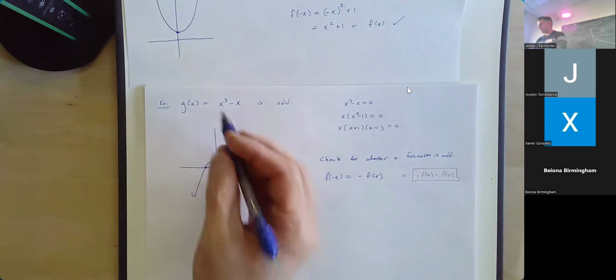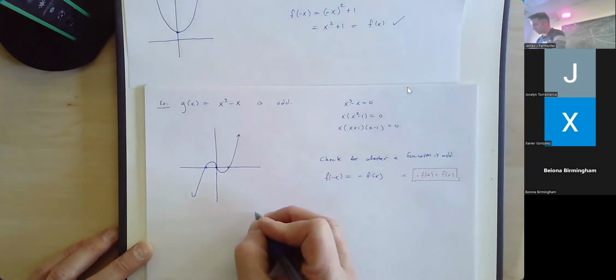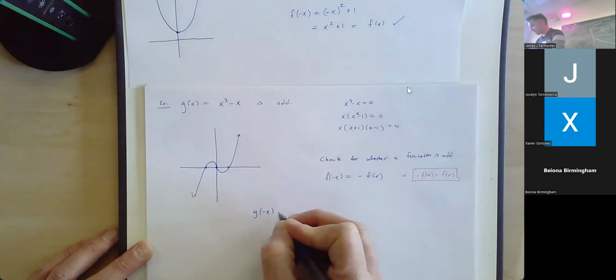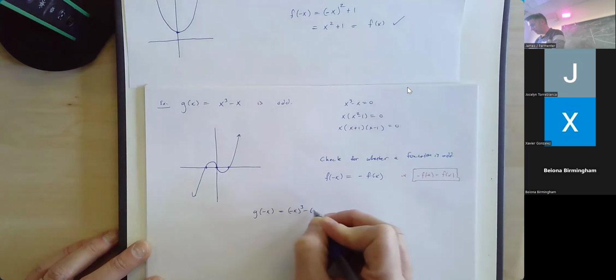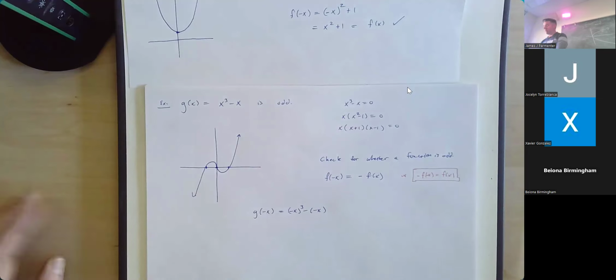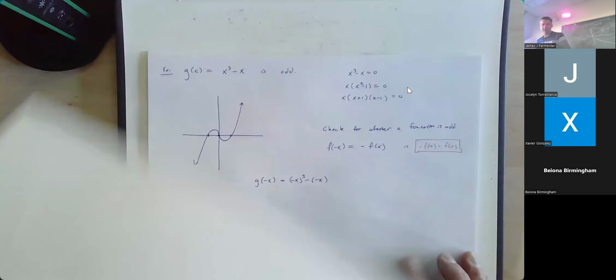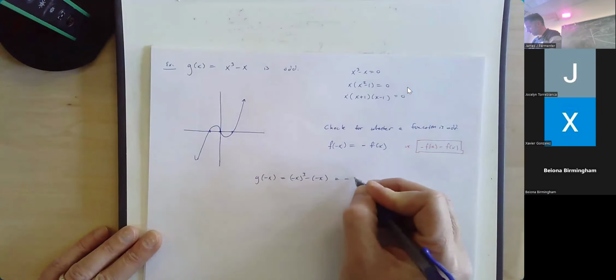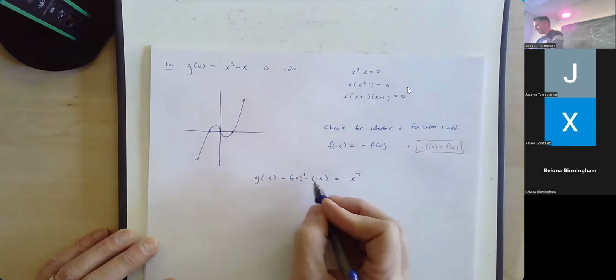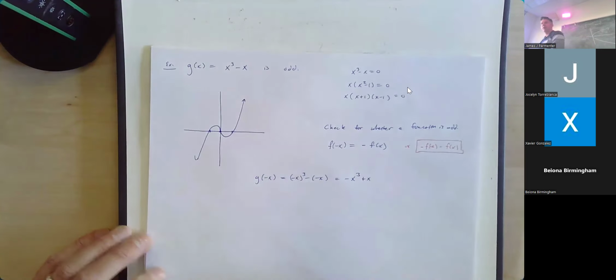So here, if I want to check that this was odd, I would look at g of negative x, and I would get negative x quantity cubed minus negative x. And then I would simplify it. Negative x times negative x times negative x is negative x cubed. Minus minus x is plus x.